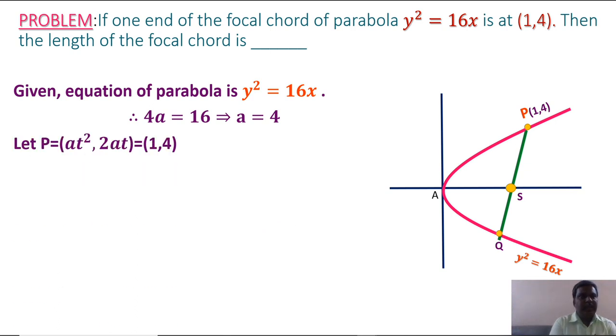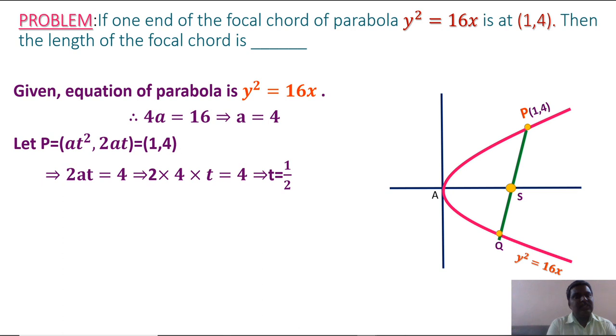Let P is equal to (at², 2at), that is equal to (1, 4). So on equating y coordinates, what happened? 2at is equal to 4. So substitute the value of a here. 2 into 4 into t is equal to 4. So what is the value of t? Half. 90% of the problem is completed.